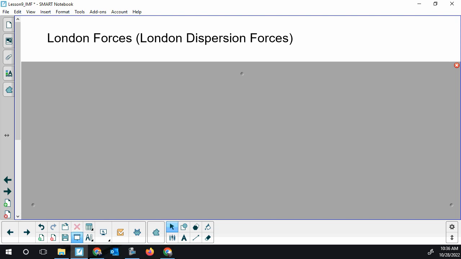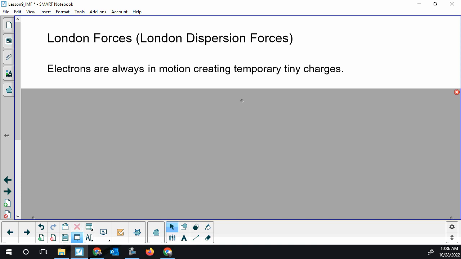So London forces or London dispersion forces. Every molecule that we're going to deal with is going to have electrons. These electrons are really waves, so they're constantly all over the place, in motion in different places. We don't know exactly where they are. They're somewhere in an orbital.